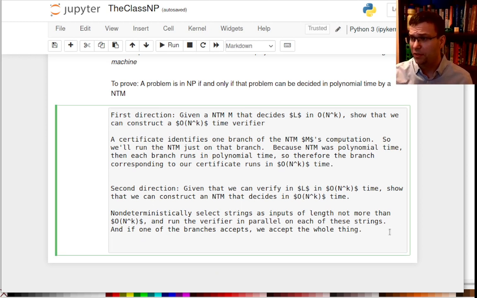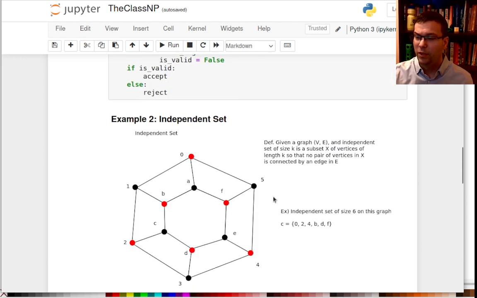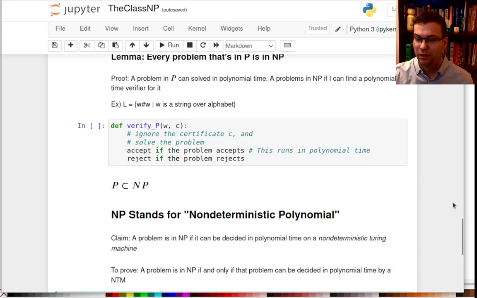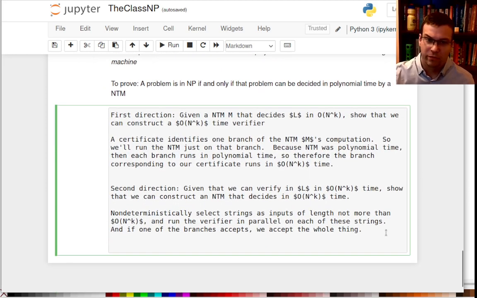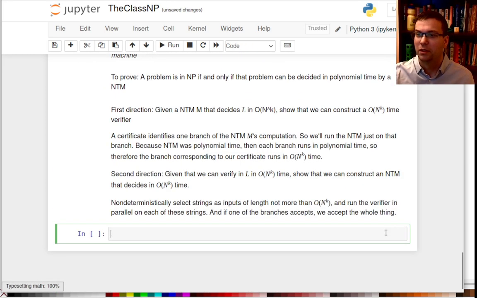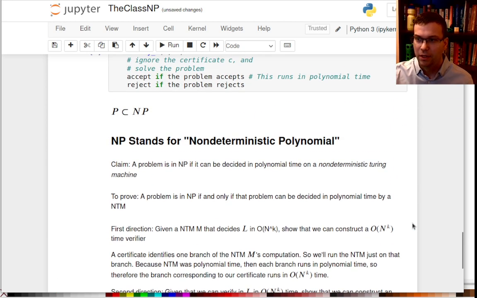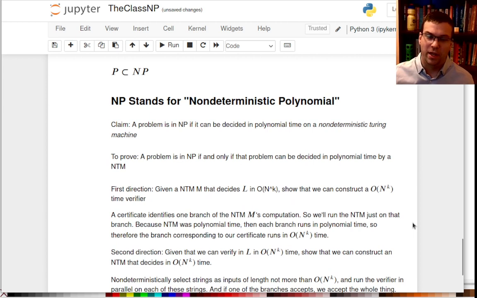So it's like saying, go back to your independent set or whatever, and just non-deterministically try all subsets in parallel. And because it only takes polynomial time to verify each subset, the entire parallel run will take polynomial time. So that's another way to think about NP. It's the set of problems that can be decided in polynomial time by a non-deterministic Turing machine.